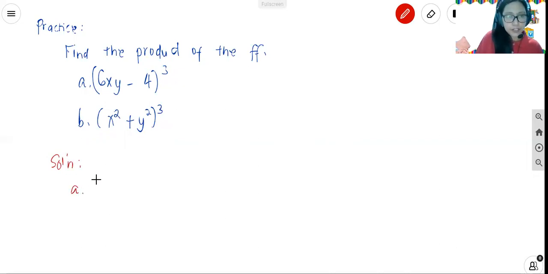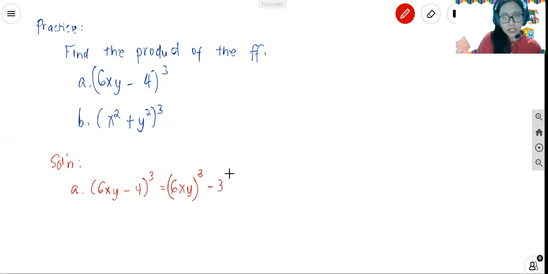So let's have first (6xy minus 4) cubed. Let us follow the pattern. We cube the first term. Since this is minus, the pattern indicates minus on the second term.